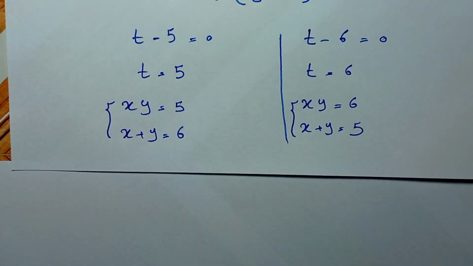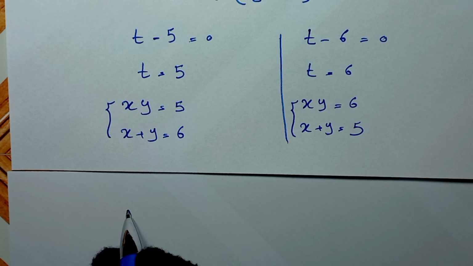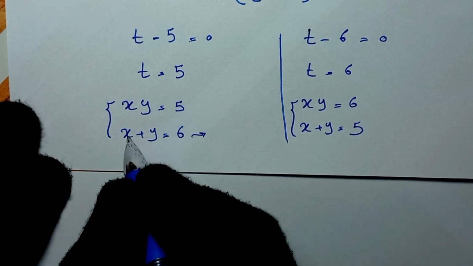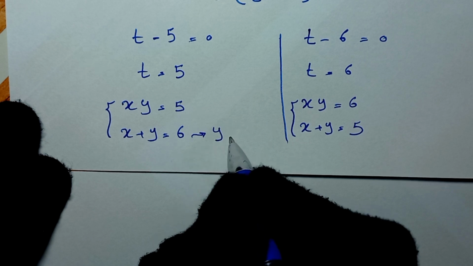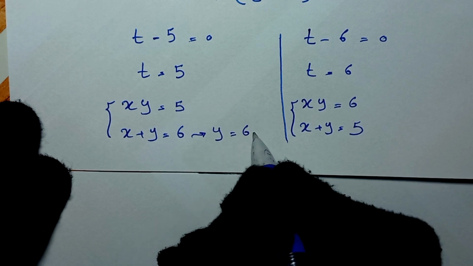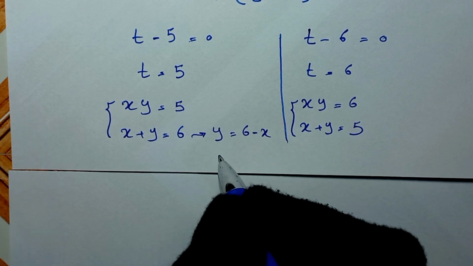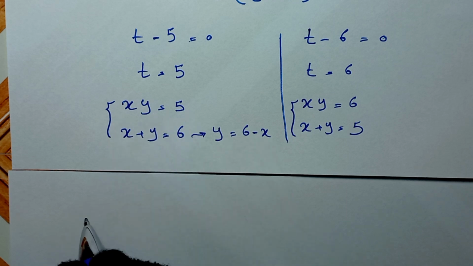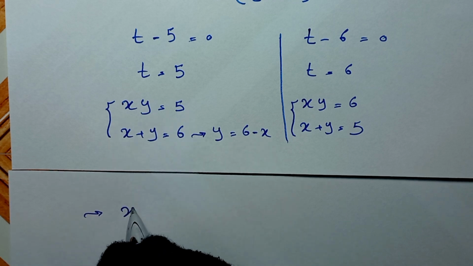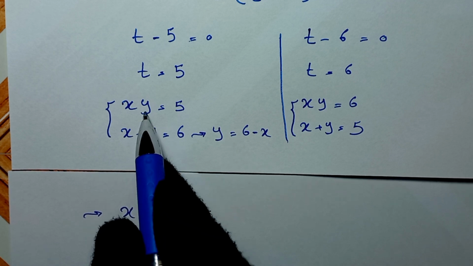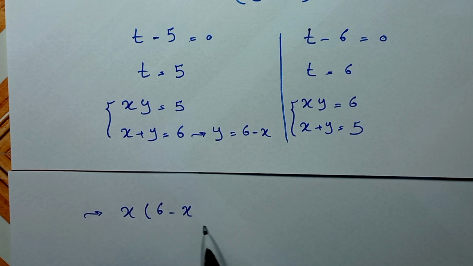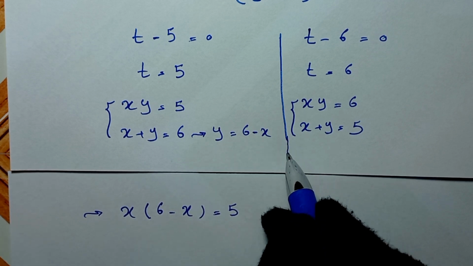So for this side, if we take this x to this side, y is equal to 6 minus x, right? And we substitute this 6 minus x in this equation, and it will be x times y, and y is 6 minus x, is equal to 5, right?